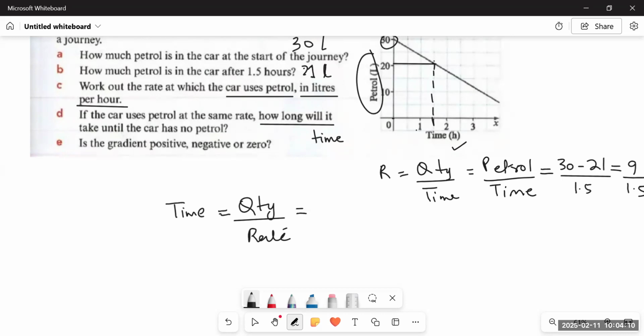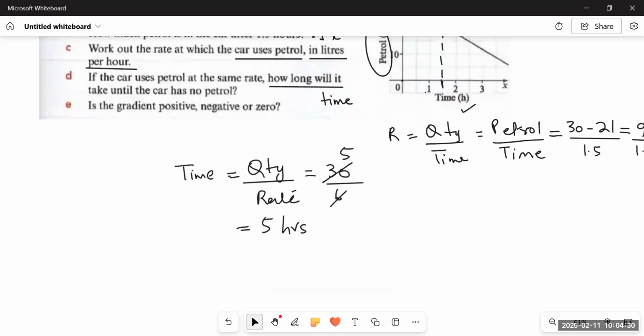We will take the total quantity, that is 30 liters present in the car, and at the rate of 6 liters per hour, 6 ones are 6, 6 fives are 30. In 5 hours, the car will have no petrol left in it.